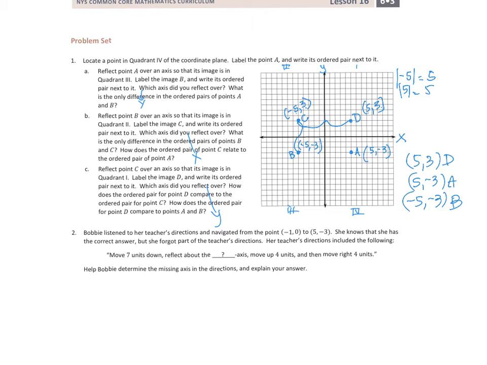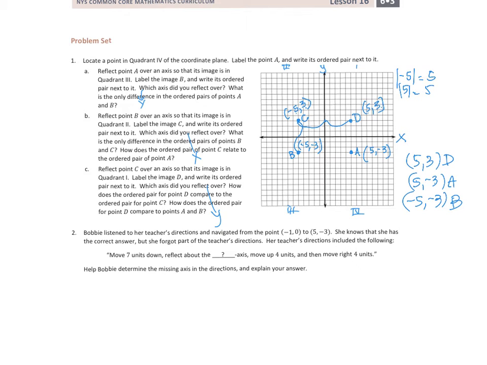So we've got the same X coordinate with D and A, and the same Y coordinate with A and B. And then if you do the absolute values of those, you're going to get the equivalent or equidistant from the axis, whether to the right or the left. So, wow, that's a lot in one.